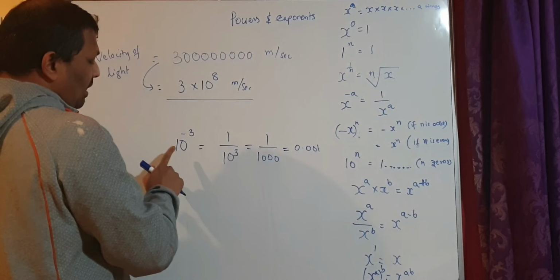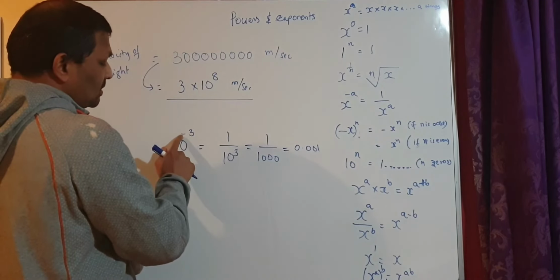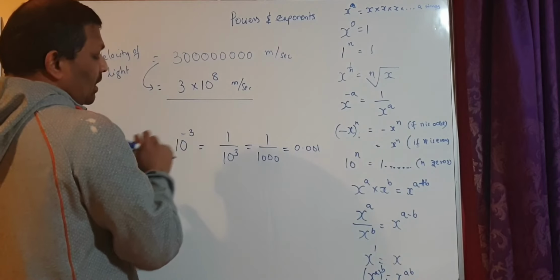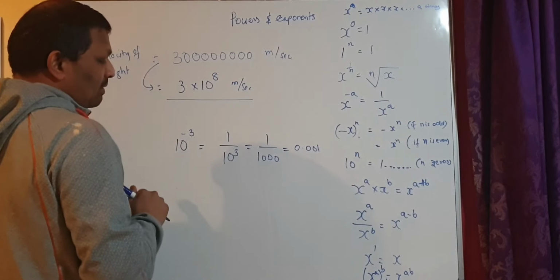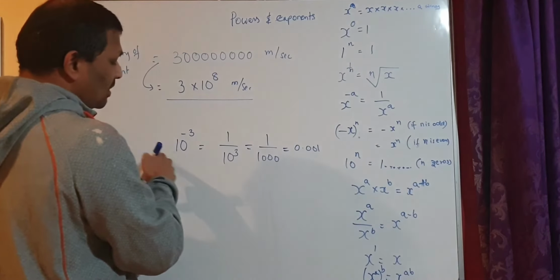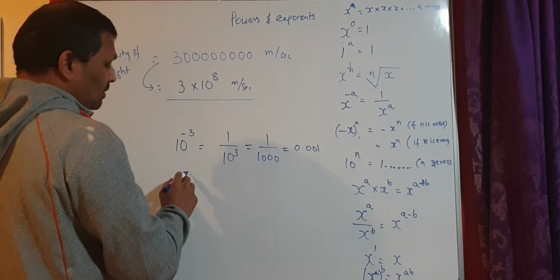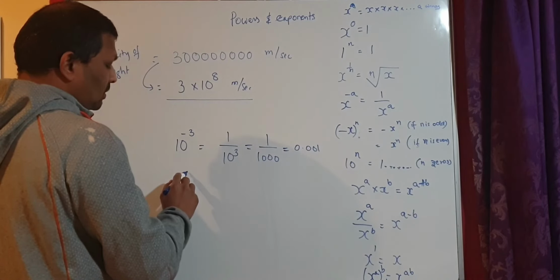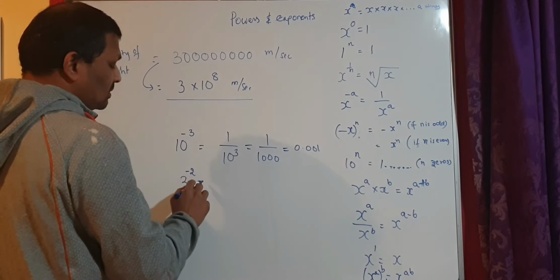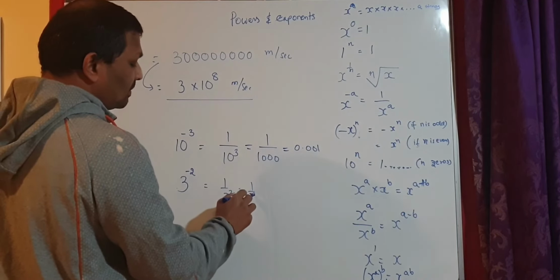So like this. One important thing: if a positive number more than 1 is raised to a negative power, you will always get a value less than 1. It can be any positive number. You pick up any positive number, for example 3. If you raise it to the power of minus 2, that's going to be 1 by 3 square, that's going to be 1 by 9.